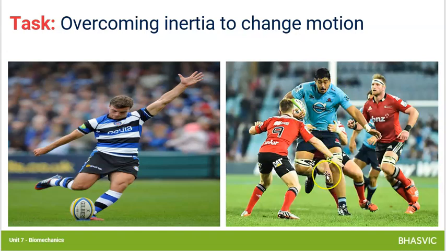He's got a big mass, therefore he's got a big inertial value, therefore the force needed to stop him is huge. These players will struggle to stop him because of his inertial value. So importantly, you need to recognise that inertia and the reluctance to change motion relates to stationary objects and objects in motion.